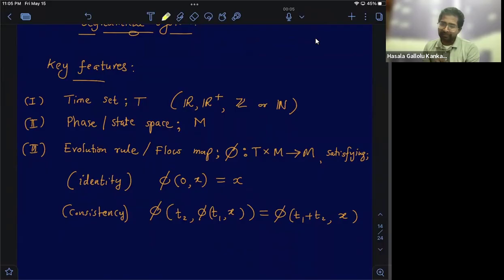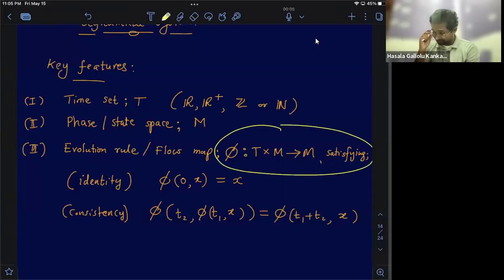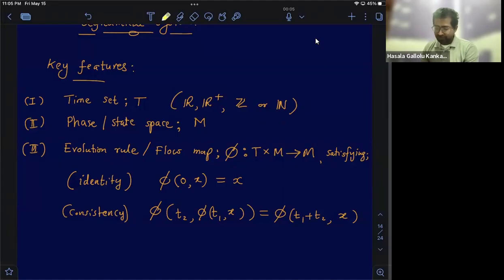And then the next one is the interesting one. Earlier you had two different pieces, the mapping GT, and the motion. Now I'm just bringing both of them to one single mapping, one single function called the flow map or evolution rule. If you think about this function, it has both of these measurements. If you consider it, at which time, at what initial input you're going to have, or starting from which condition you're going to have the advancement.